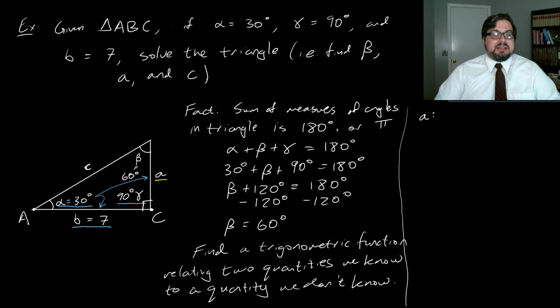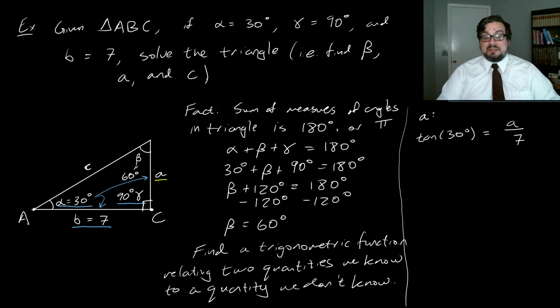In this case, that function is going to be tangent, because tangent is the ratio of opposite over adjacent. The opposite side of 30 degrees is A, the thing that we want to find. The adjacent side to 30 degrees is 7, the quantity that we know. And so what we have is that tangent of 30 degrees is equal to A over 7, because it's the length of the opposite side divided by the length of the adjacent side.